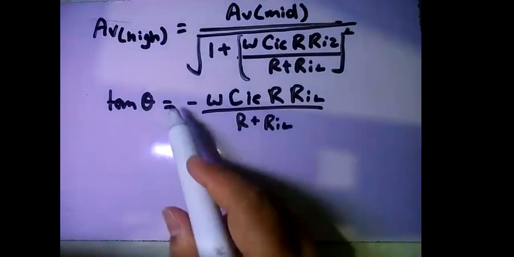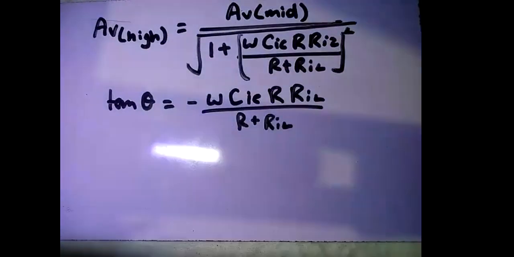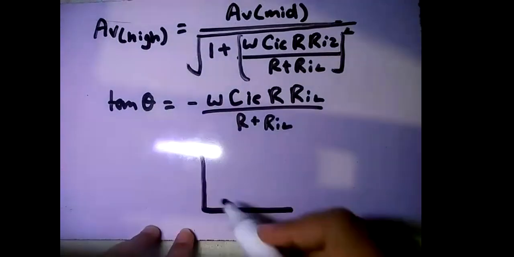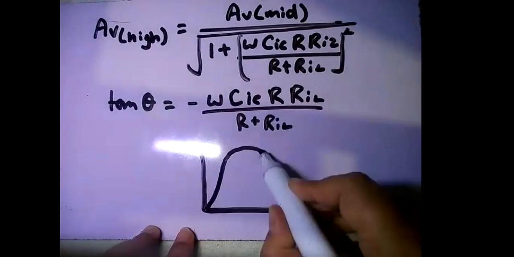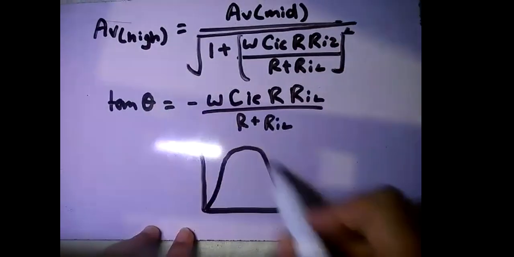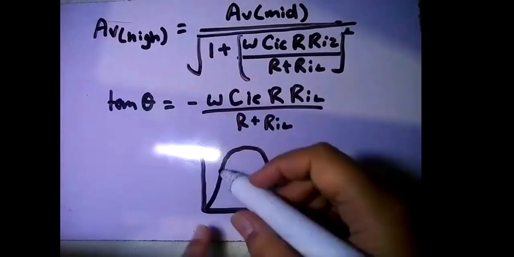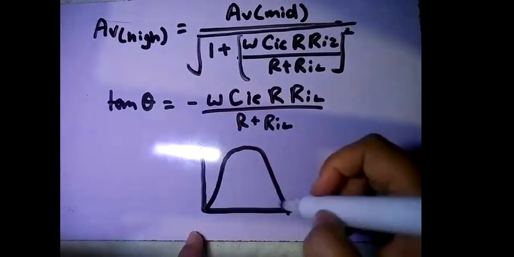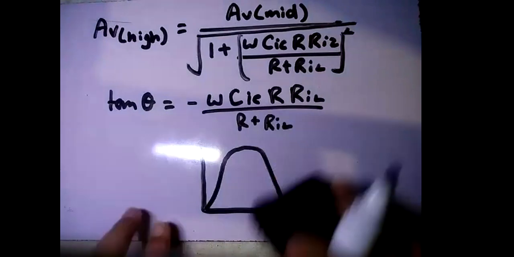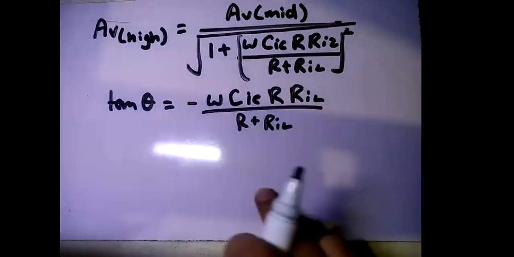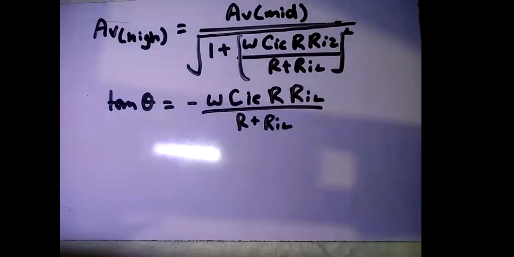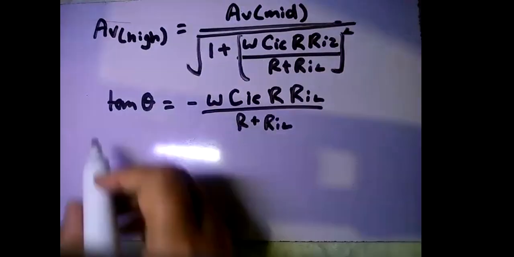From where does this negative sign come? As you have seen in the frequency response curve, here the slope of the gain was positive, and here the slope of the gain was negative. So this negative sign is reflecting that the slope of the gain is negative.